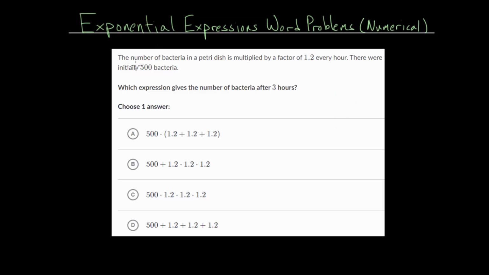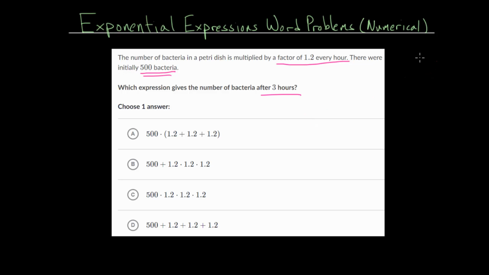For this one, the number of bacteria in a petri dish is multiplied by a factor of 1.2 every hour. There were initially 500 bacteria. Which of these expressions gives the number of bacteria after 3 hours?